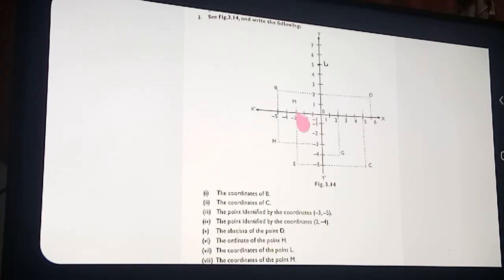Therefore, the coordinates of the point M is -3, 0. Write down: the coordinates of the point M is the ordered pair -3, 0. Okay, clear? Yes.